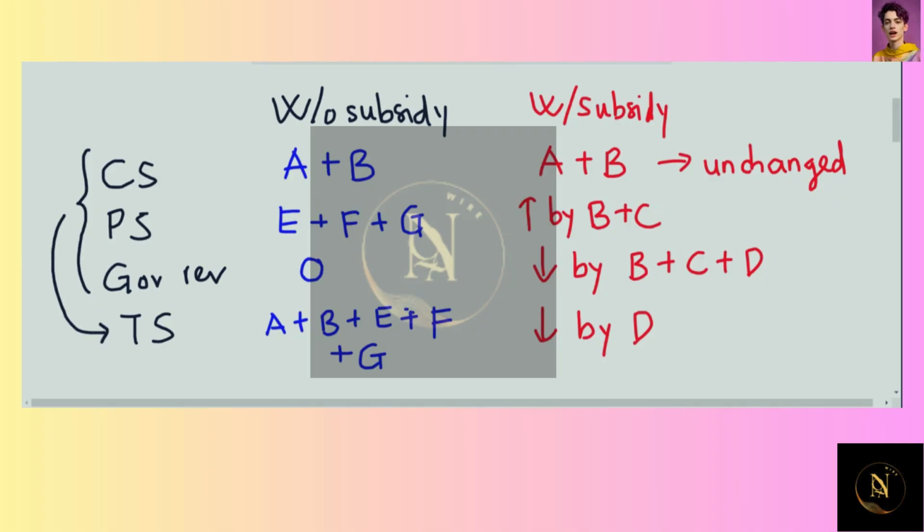So that's why we have zero change here. Increase of B plus C and decrease by B plus C plus D leads to a net decrease by D. Now, because total surplus decreased, we can conclude that this policy, subsidy, is not a good policy.